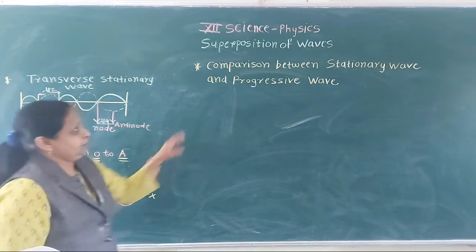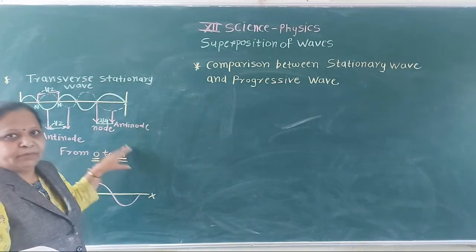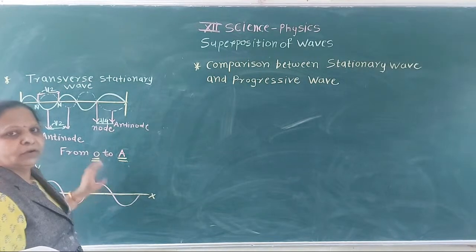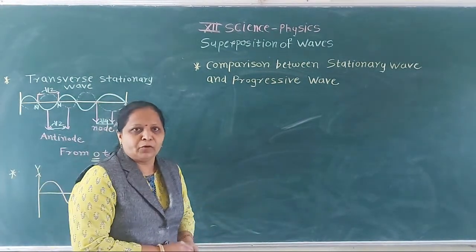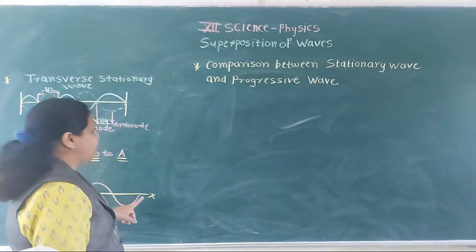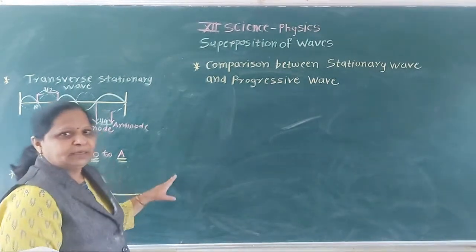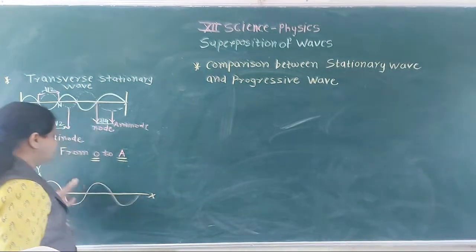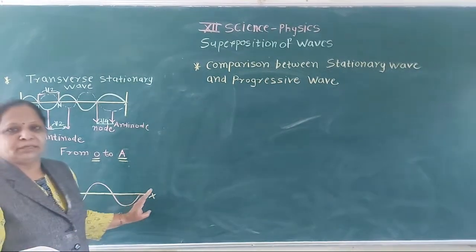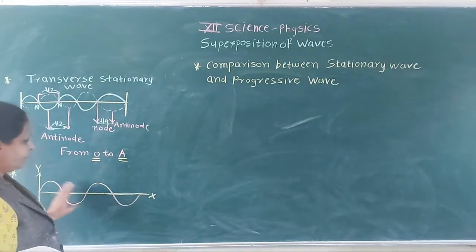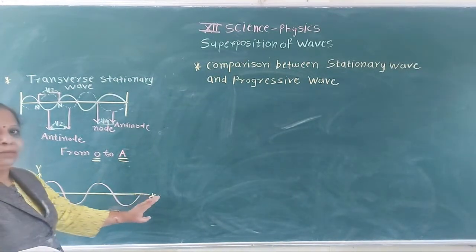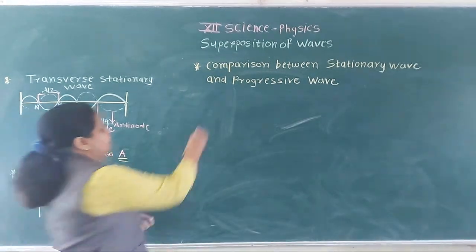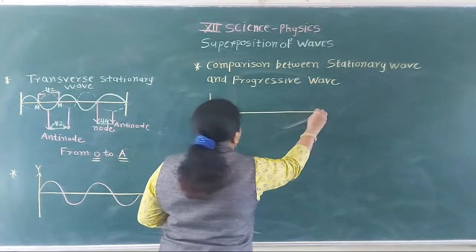Now what is the difference between the stationary wave and progressive wave? You know the definition of progressive wave. Progressive wave means the wave which travels continuously in one direction, the oscillating disturbance traveling through a medium with a definite velocity.